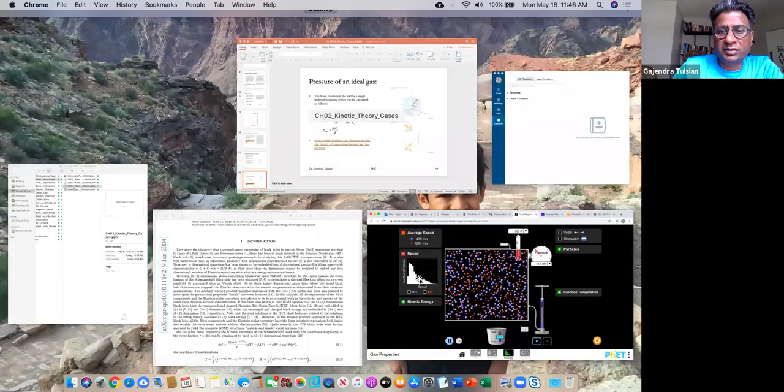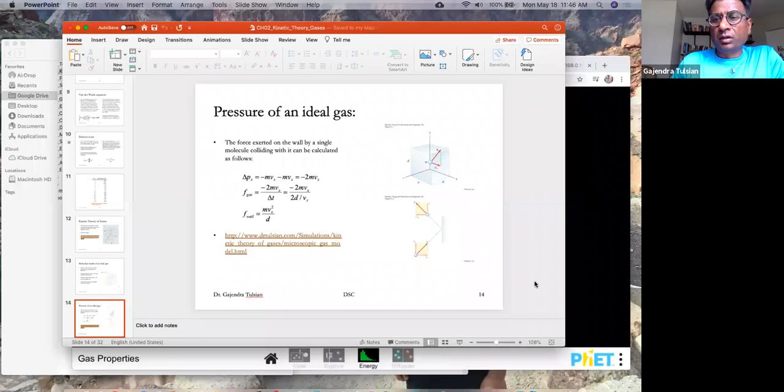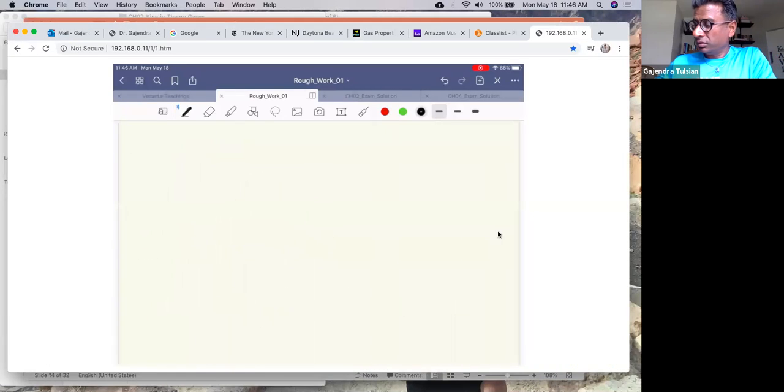The way they exert force on the wall is that when they bounce off, the wall exerts a force on them to make them bounce off, and the reaction force, since for every action there's an equal and opposite reaction, is that the gas molecules exert a force on the wall in that direction.